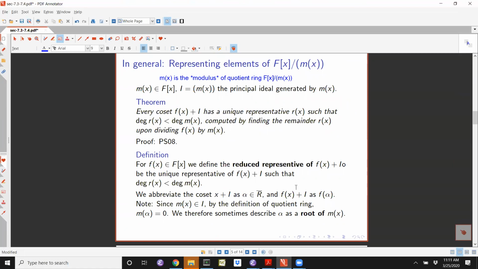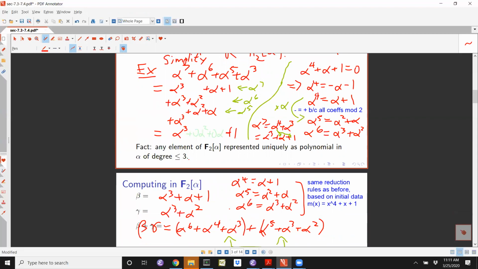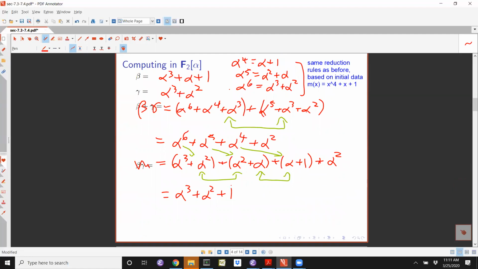There's a typo here; this is just I. We define the reduced representative of an element to be the unique representative that has degree strictly less than the degree of the modulus. And so this final answer here and the final answer over here are both reduced representatives.